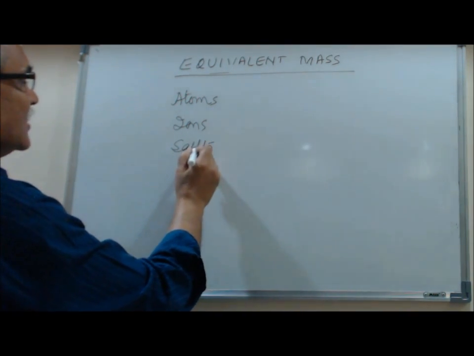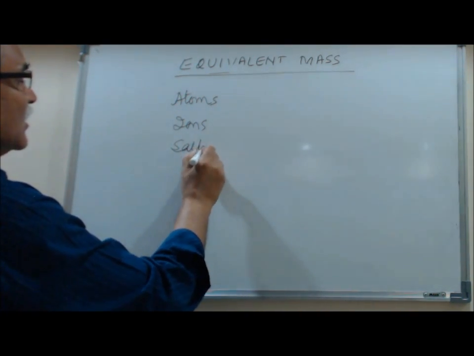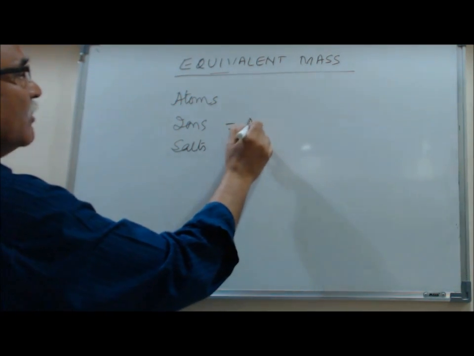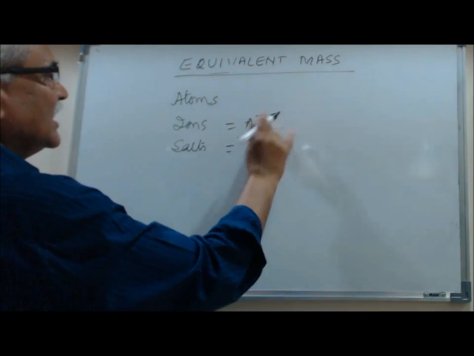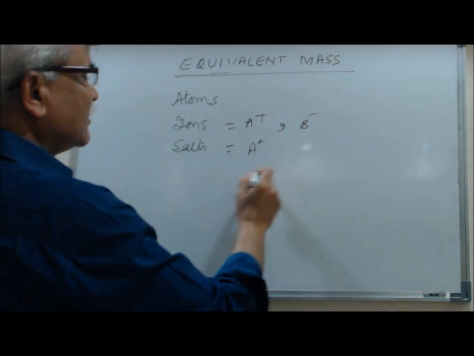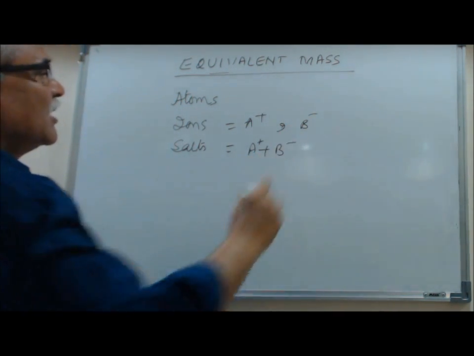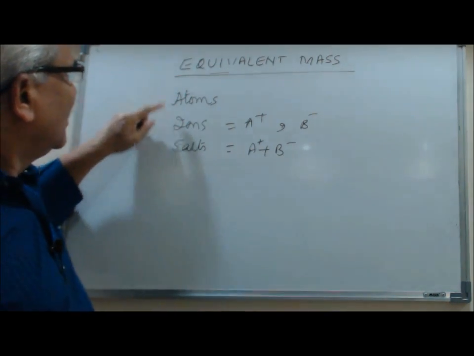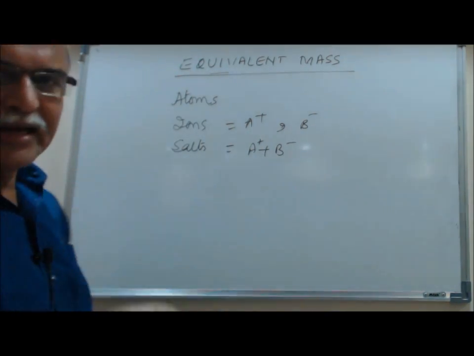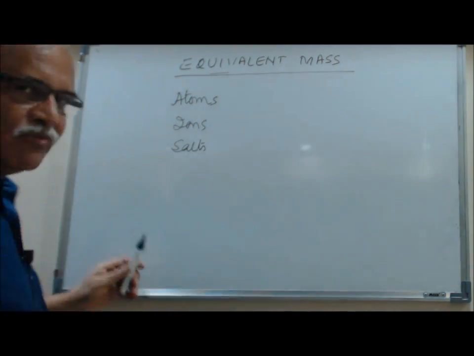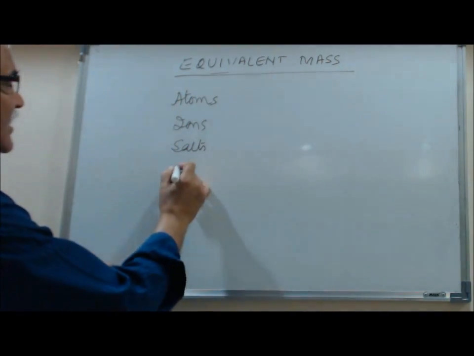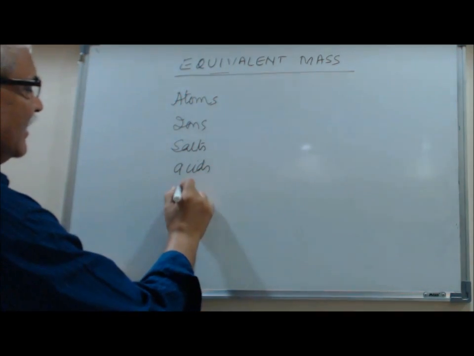I wrote ions before salts because salts are nothing but the combination of ions. Ions are A plus and B minus, etc. Salt will be A plus B minus. So if I know the equivalent mass of ion, automatically I can find that of a salt also. But presently we have atoms, we have ions, we have salts, we have acids, we have bases.